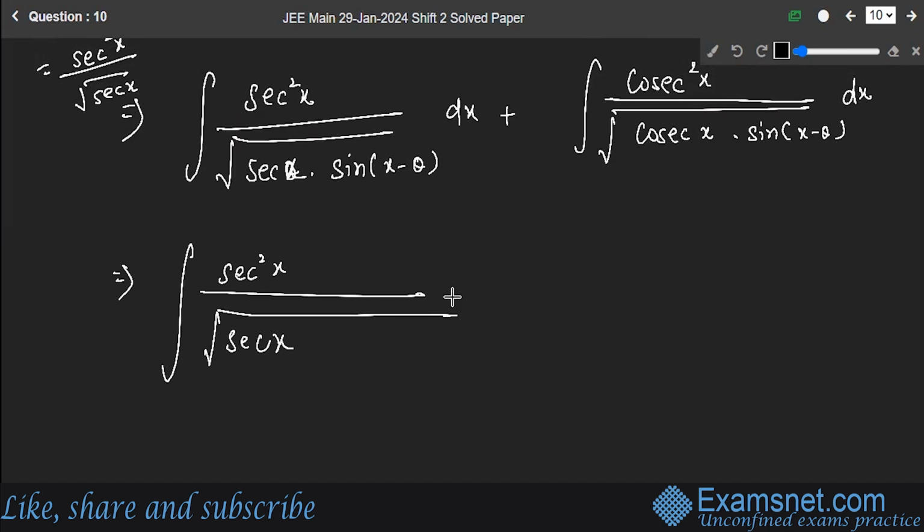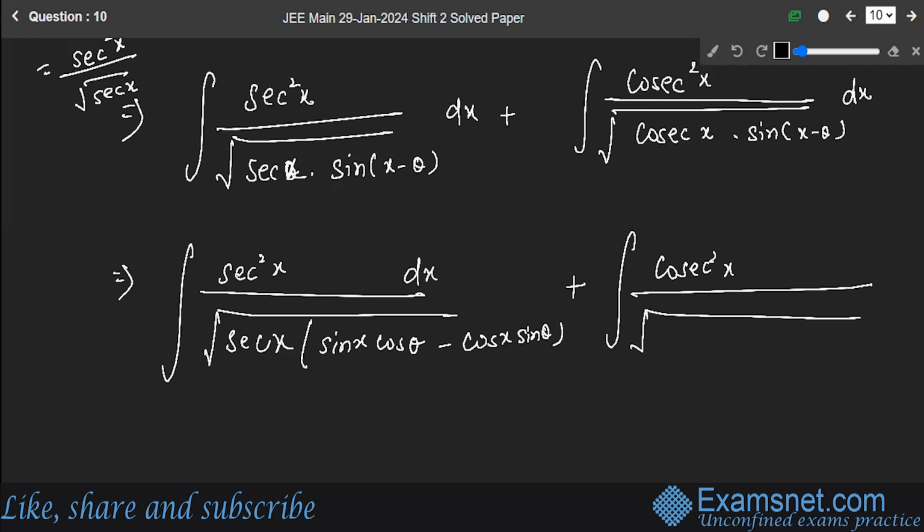Secant x, and this will be sine A cos B minus cos A sine B, plus cosecant square x root of cosec x sine A cos B minus cos A sine B dx.